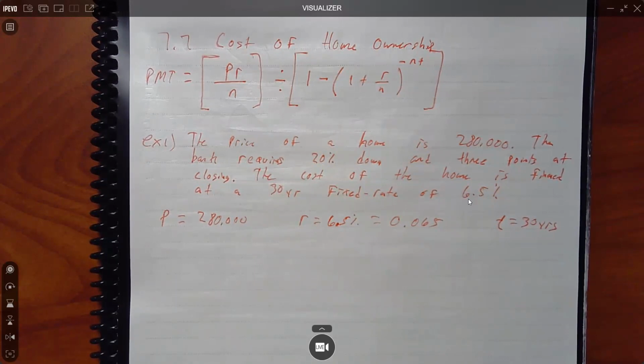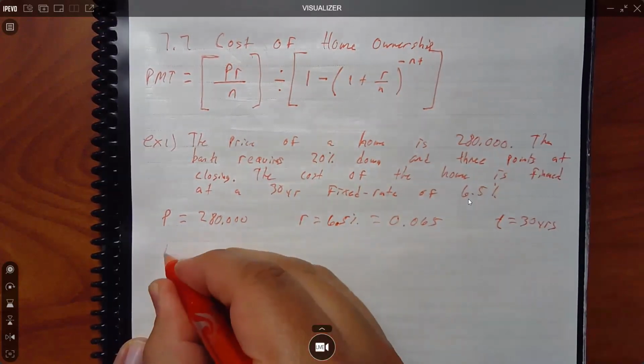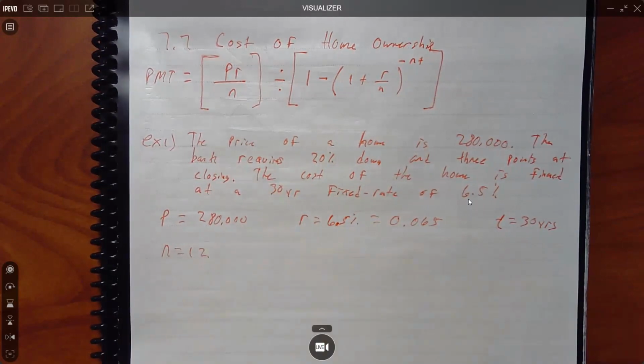Well, usually, you get charged interest every payment, every month. So it should be 12 times a year for every month in the year. So n should be 12. We'll check in a second. We got all the pieces, right? So let's go see what the question asked. I already forgot.